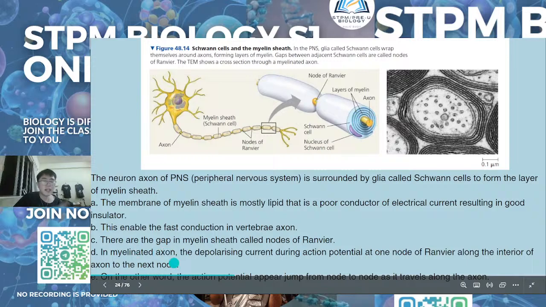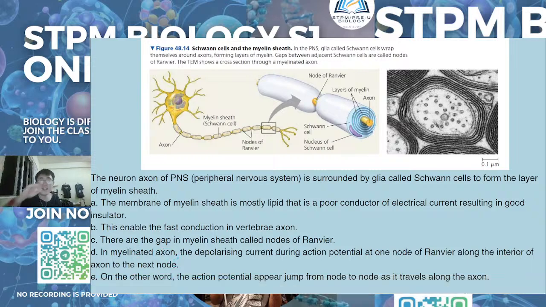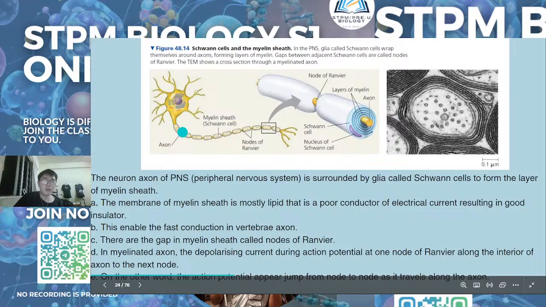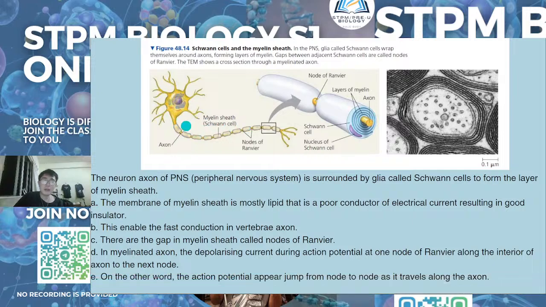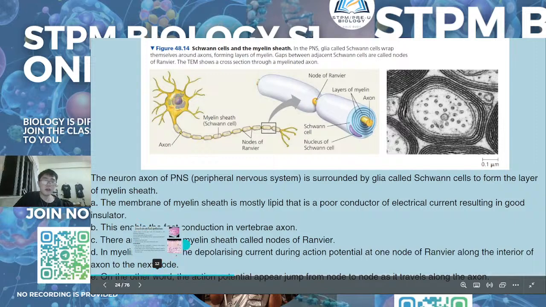This is the semester 2 explanation. It means the electrical impulse jumps according to the nodes of Ranvier. It will not pass through the myelin sheath. In other words, the action potential appears to jump from node to node as it travels along the axon.